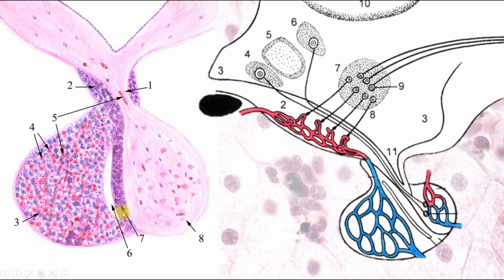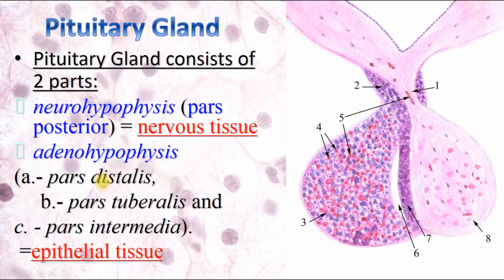And here we can see another part of the hypophysis, the adenohypophysis. It has bright, colorful staining, different cells with different shades. It's composed of epithelial tissue, epithelial secretory cells. So two different parts of the hypophysis, two different tissues, and different functions as well.